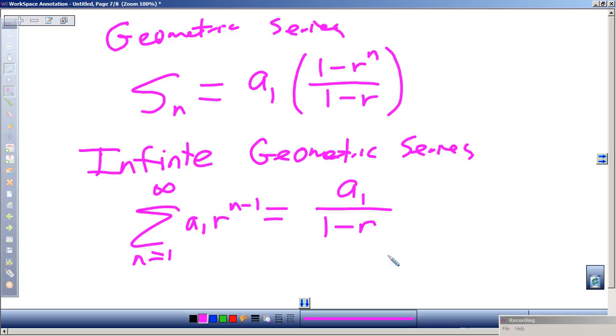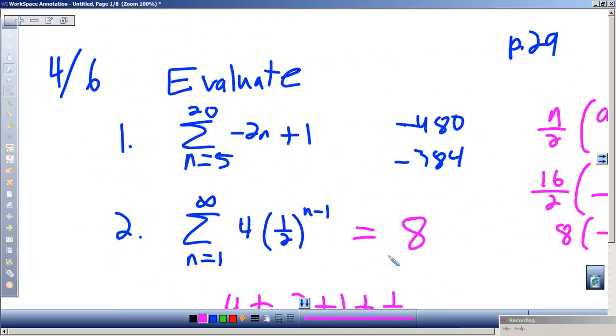So now let's look back to that beginning problem we had. We're just going to look at this problem right here. What is A1? 4. What is the common ratio? 1/2. So 1 minus 1/2. What's 1 minus 1/2?